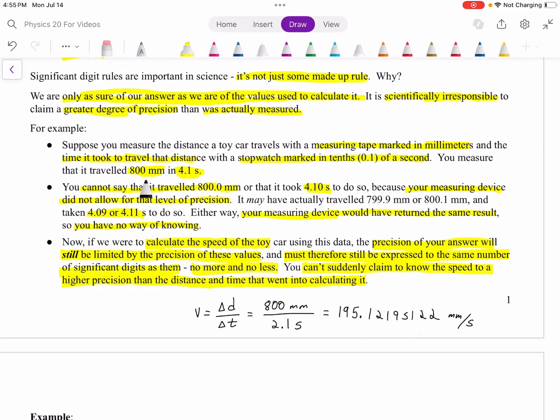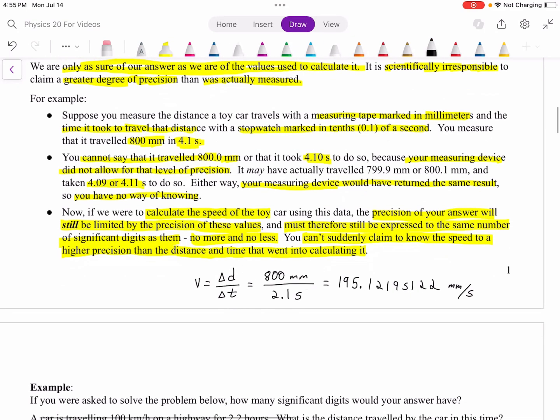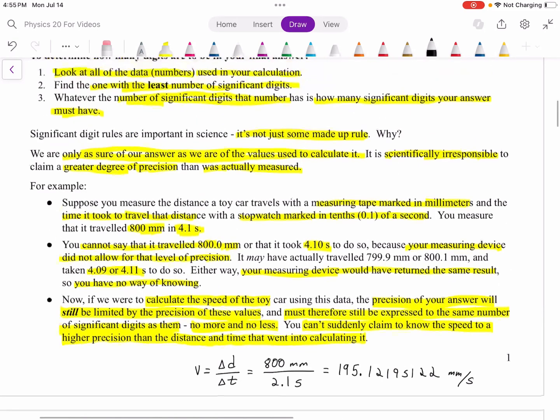We only knew the distance to 3 significant digits, and we only knew the time to 2 significant digits. So in order to actually write this to the appropriate number of significant digits, following our rule here, we are supposed to look at all the data we used, all the numbers we used, and our final answer should only have as many significant digits as the number we used with the least number of sig digs.